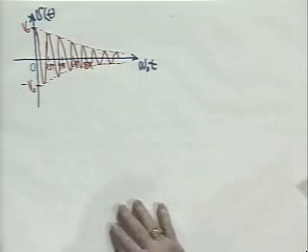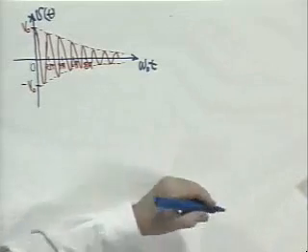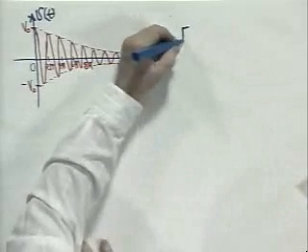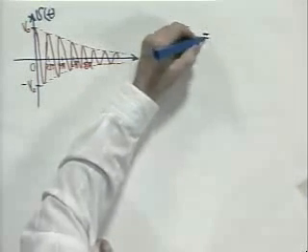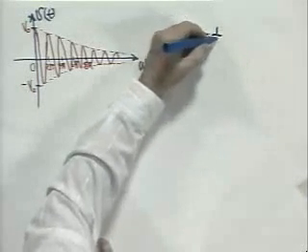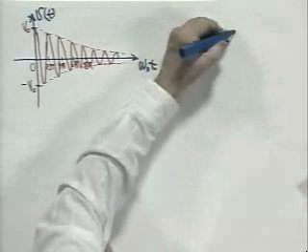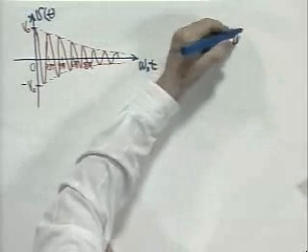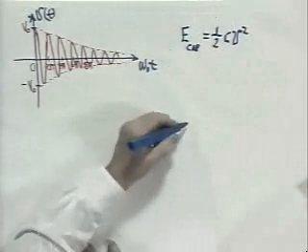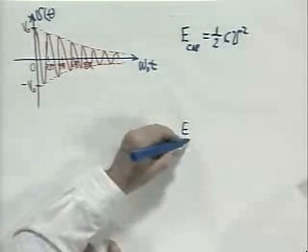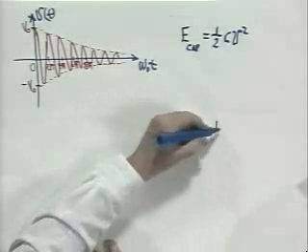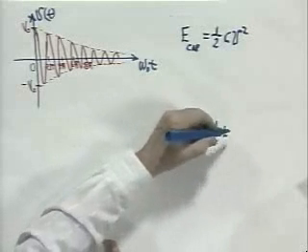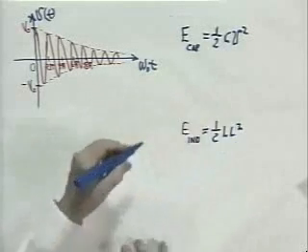Now let's look for a minute at stored energies. The instantaneous energy storage in the capacitor is 1/2 C V squared. And the instantaneous energy storage in the inductor is 1/2 L I squared.